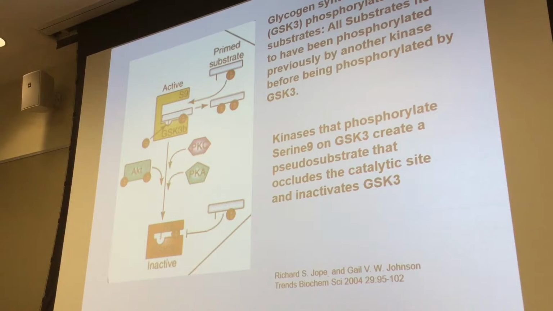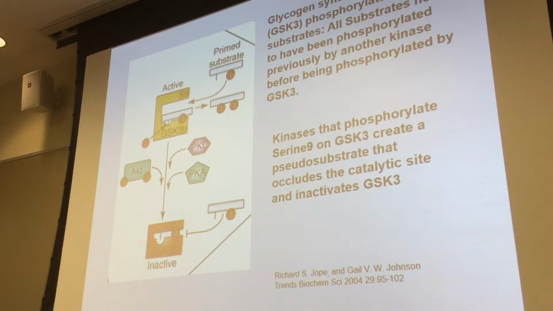If it doesn't have that ability to do that, then what we see is that the glycogen synthase kinase itself can get phosphorylated. The way it's inactive is that it gets phosphorylated, and then that phosphate group won't allow this new substrate to come on.